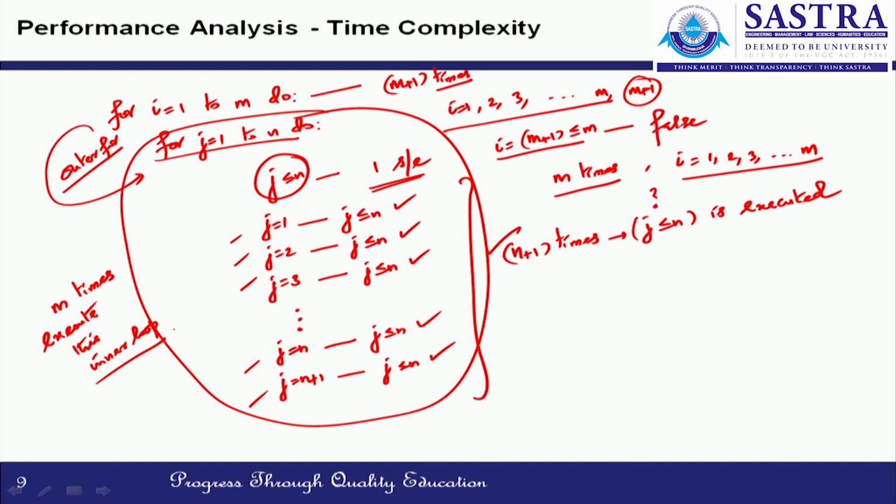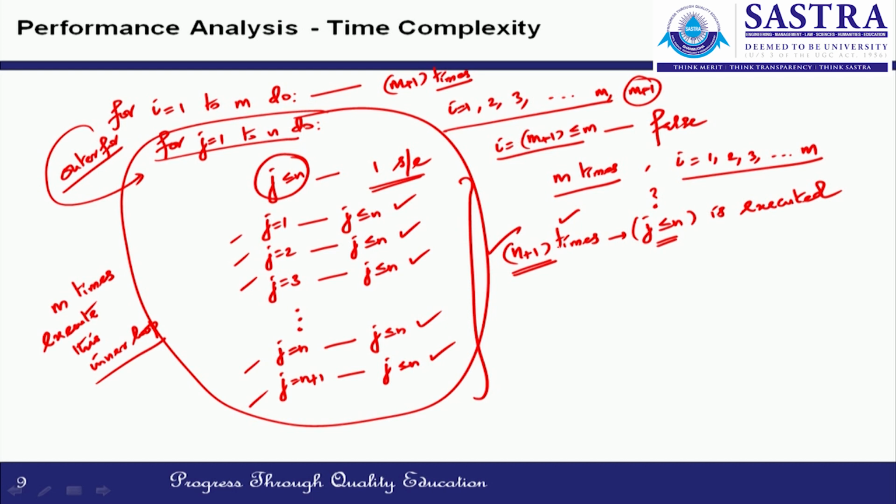If one time the inner loop is executed, we have the conditional execution of j less than or equal to n, program step one, which is n plus 1 times execution. Since the inner for is controlled by the outer for, the inner for is going to be executed for m times.